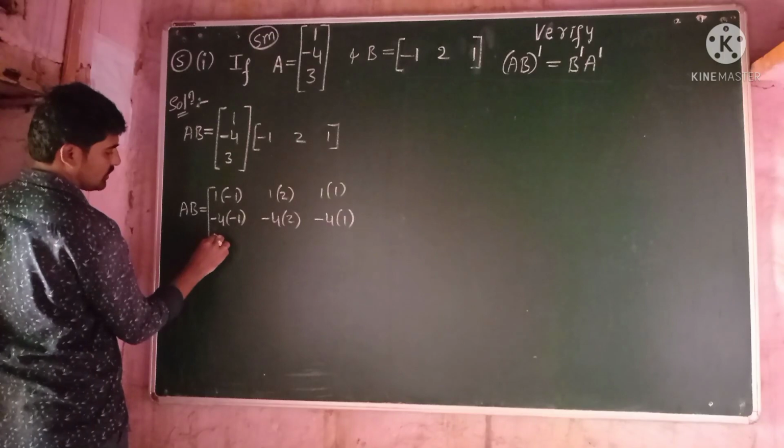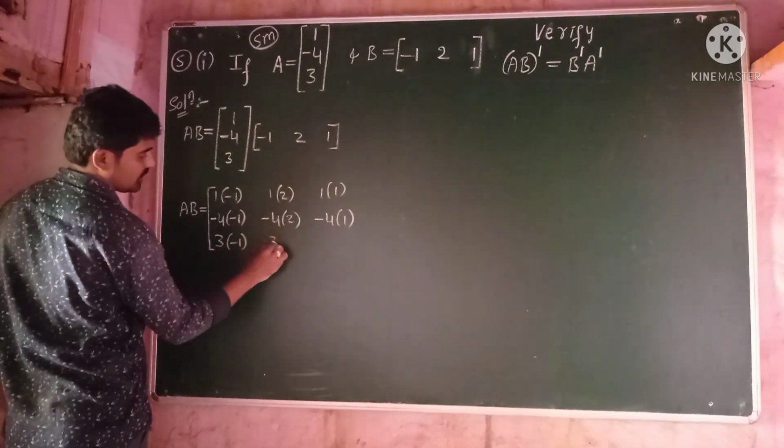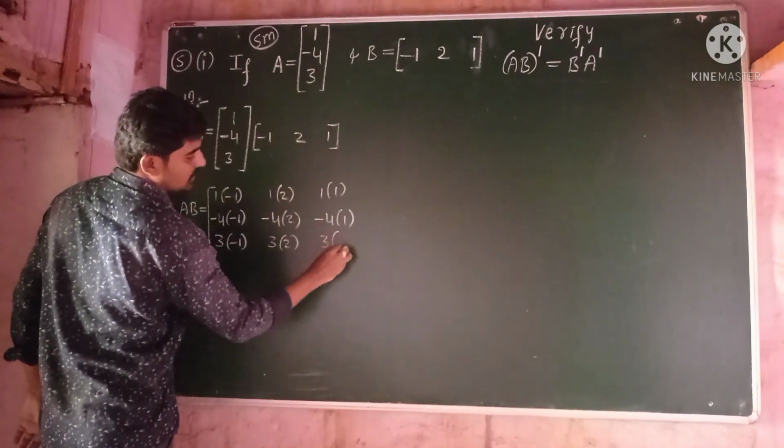So third row, first column, 3 into -1. Third row, second column, 3 into 2. Third row, third column, 3 into 1.